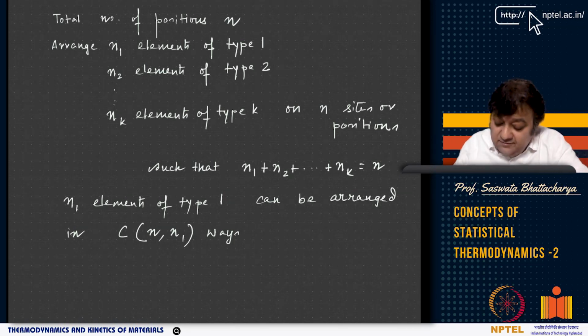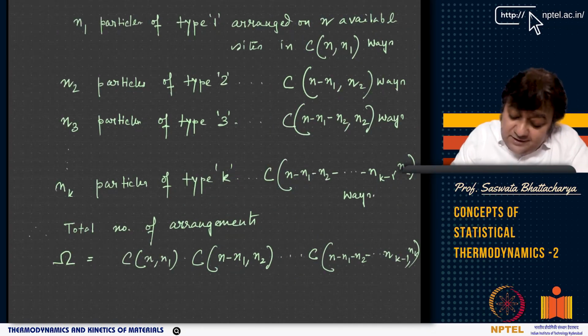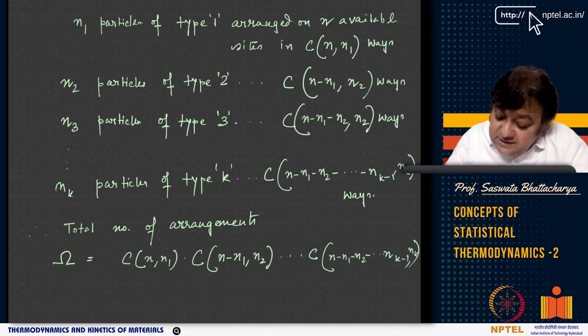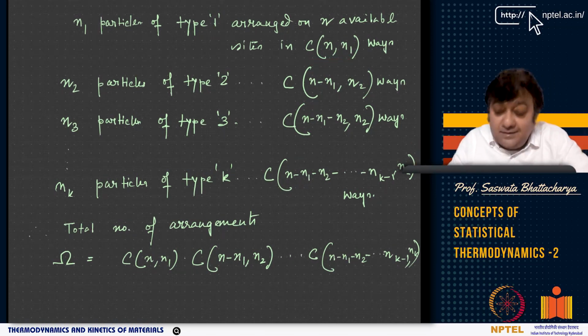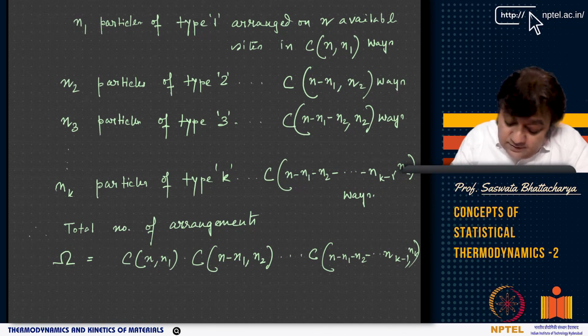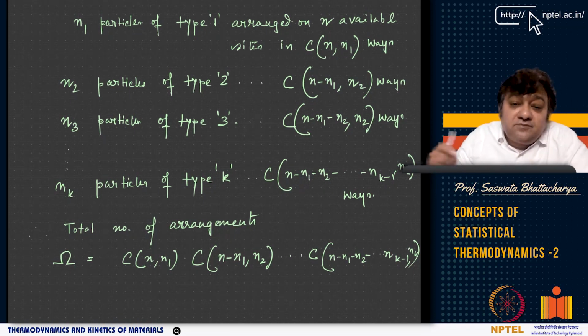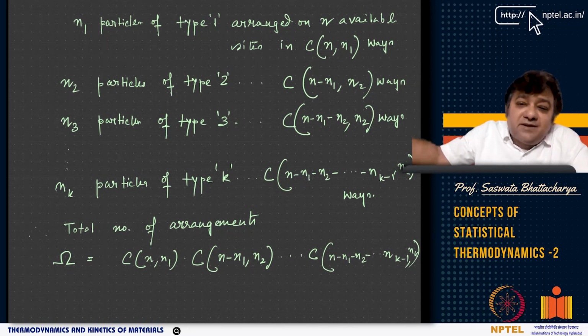After that, you have n minus n1 sites remaining, and you are now trying to arrange particles of type 2. So C(n minus n1, n2): we are looking at an n2 subset from the remaining sites.